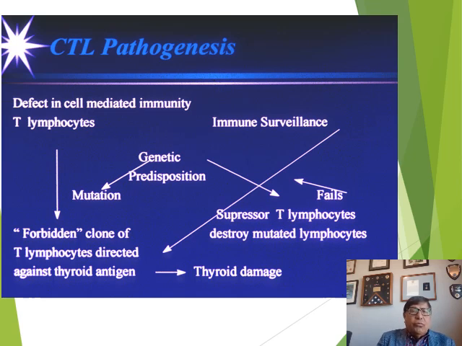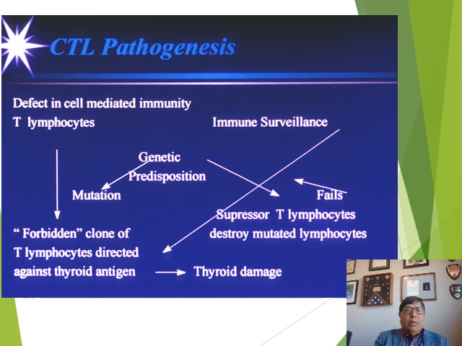Now I'm going to use this slide, and I found it is very informative. I have borrowed this slide from Dr. Stephen LaFranchi from Oregon Health Sciences University, from one of his lectures, and I found this is probably the best way I can explain to you the pathogenesis of chronic lymphocytic thyroiditis.